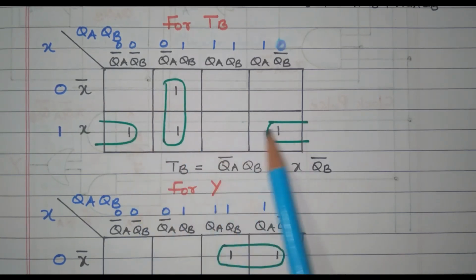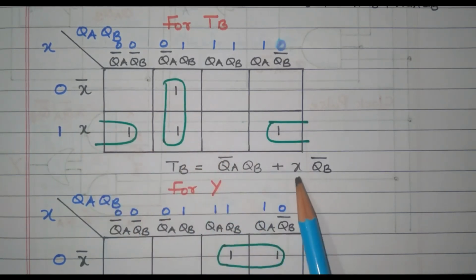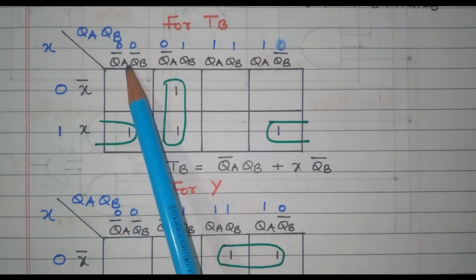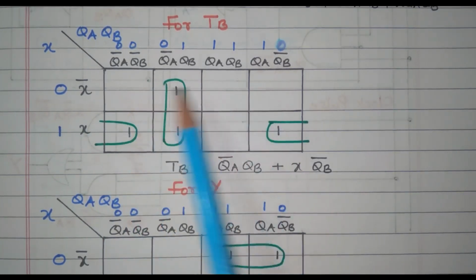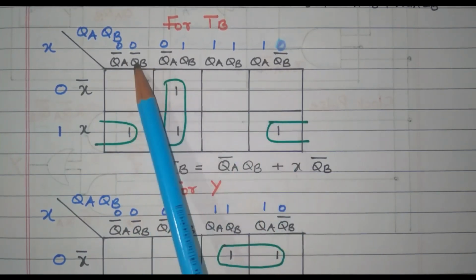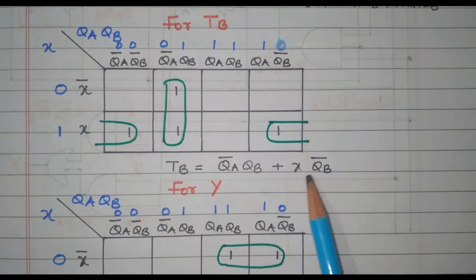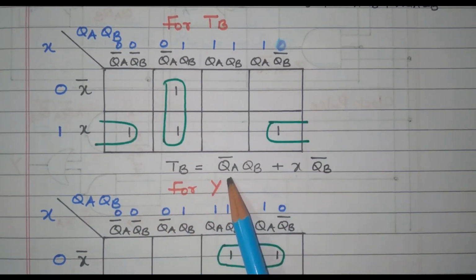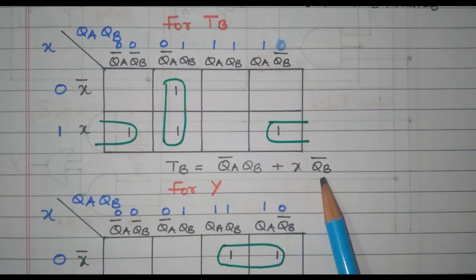While grouping the other two, x is there, so we write x. I need to check the first column and fourth column. Here QA bar is available, here QA is available, so they got cancelled. Only QB bar is common. So x QB bar, right. So, the TB value is QA bar QB plus x QB bar.